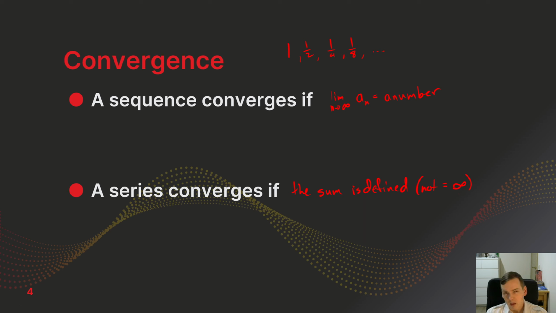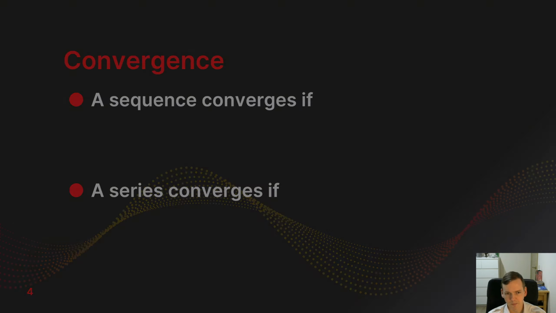There are some odd ones, like 1 plus -1 repeated, so 1 plus -1 plus 1 plus -1, right? So every other term it hops between 1 and -1. This does not converge because at infinity you don't know if you ended at 1 or at 0. So that's the one example where it gets kind of weird, or if it's just literally random numbers added together, positive and negative, you don't know what that's going to converge to.